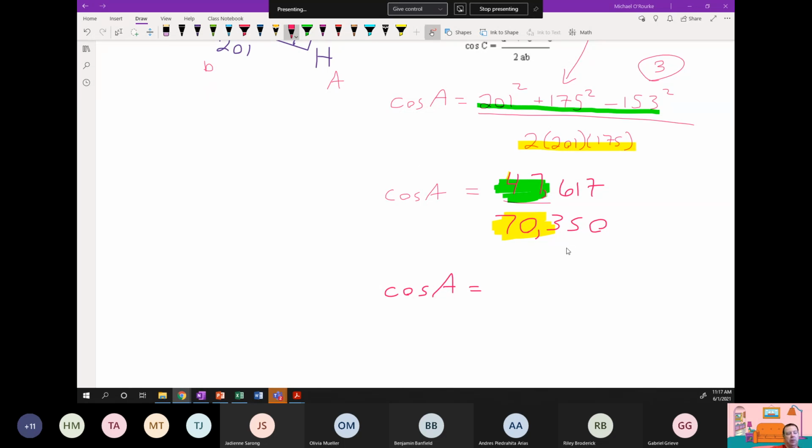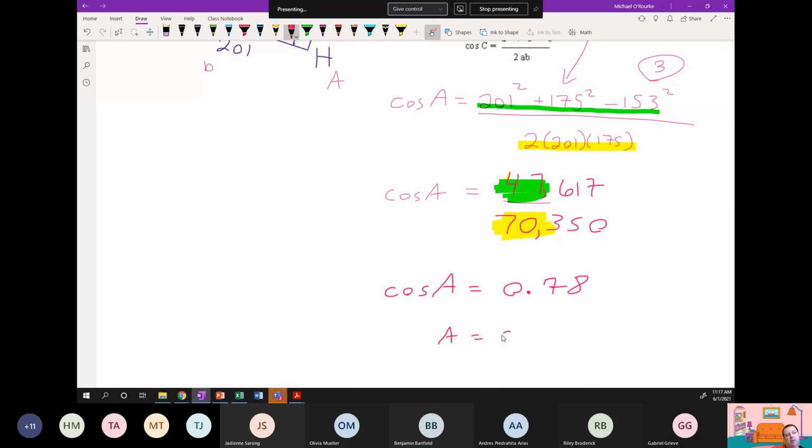Then we're just going to divide those two numbers, 47,617 by 70,350. That gives us 0.78.